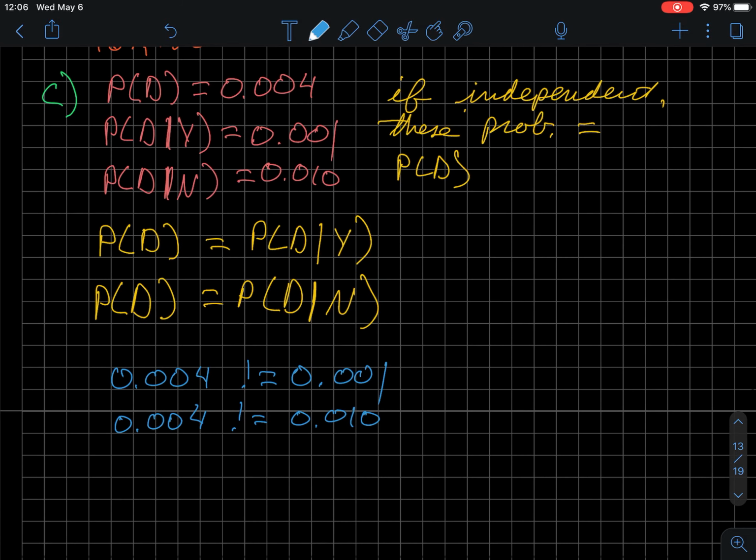Since these don't equal, because they're not equal, we cannot assume independence.